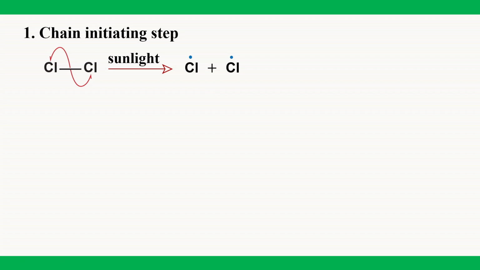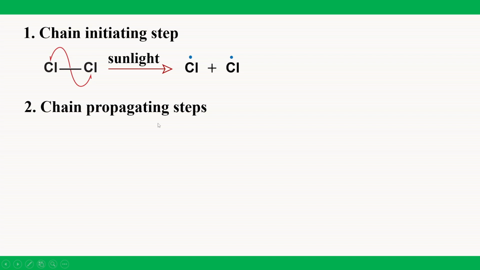In the first step, we understood that homolysis of the Cl2 molecule takes place. As a result, two chlorine free radicals are formed. Now we will move to the next step, chain propagating steps.